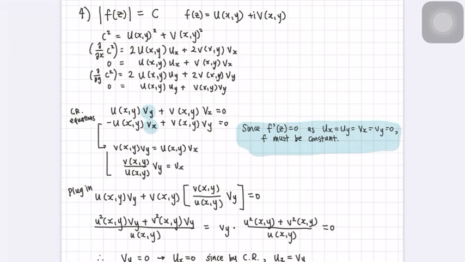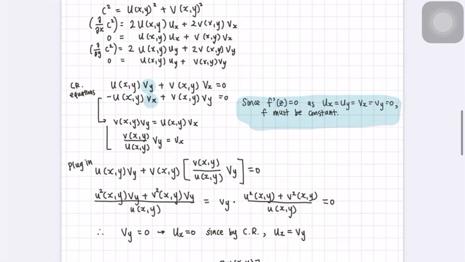So we get u(x,y) times vy plus v(x,y) times vx equals 0 for the first equation, and then you replace the uy with negative vx using the Cauchy-Riemann equation, and you get negative u(x,y) times vx plus v(x,y) times vy equal to 0.